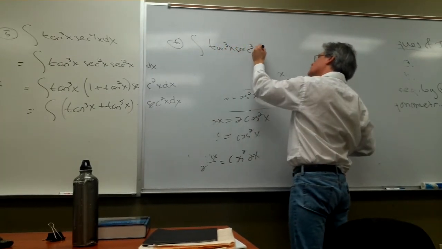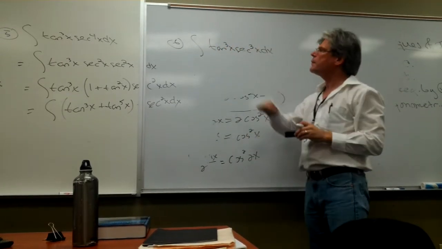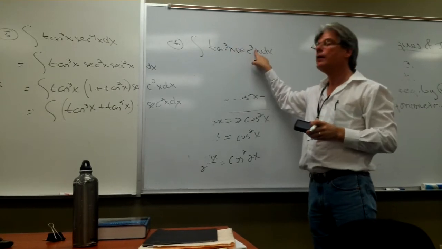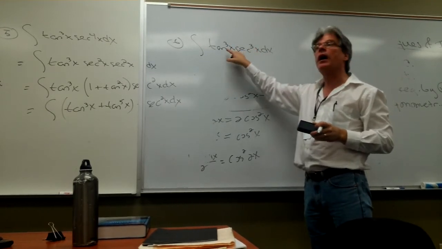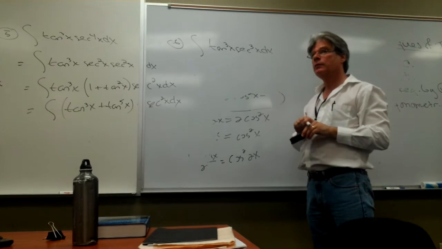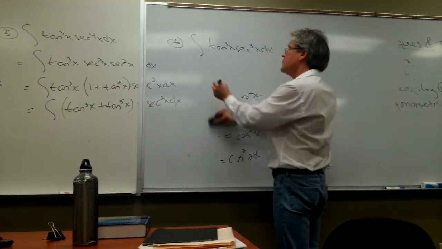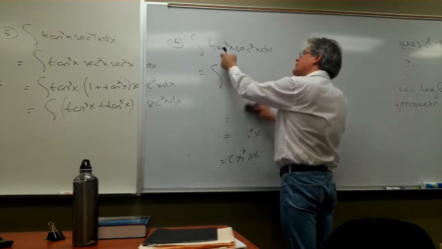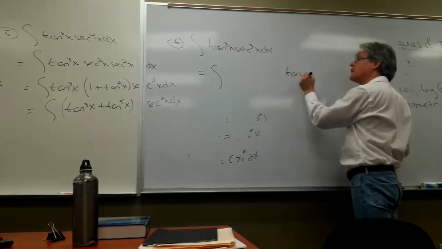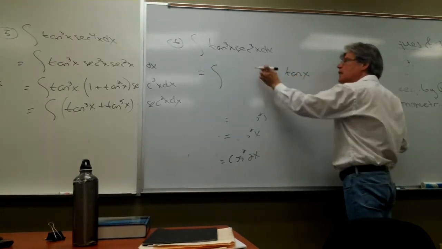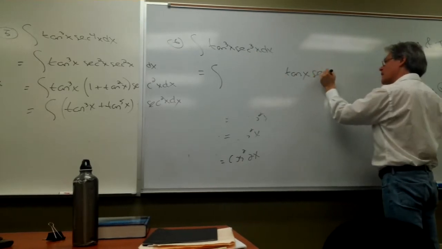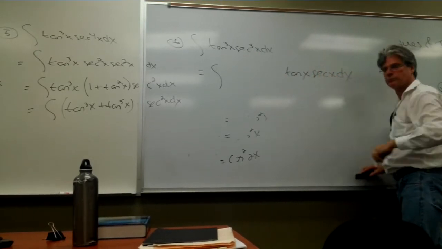So here's my m, here's my n. No matter what n is, if m is odd, one thing that's very natural for me to do is shave off one factor of the tangent of x, and shave off one factor of secant of x, no matter what power it is raised to.